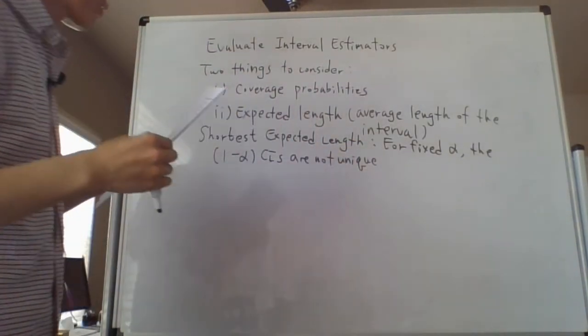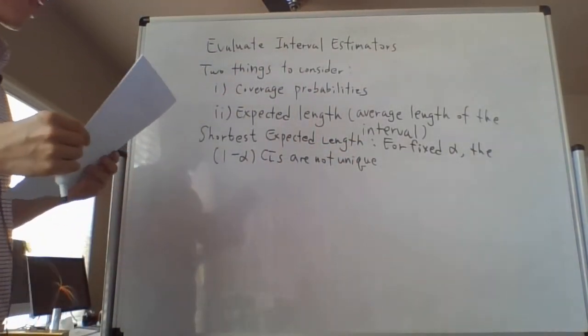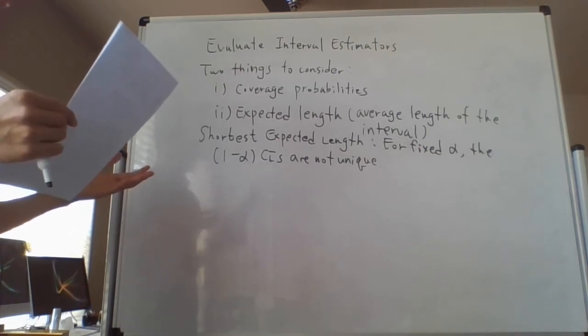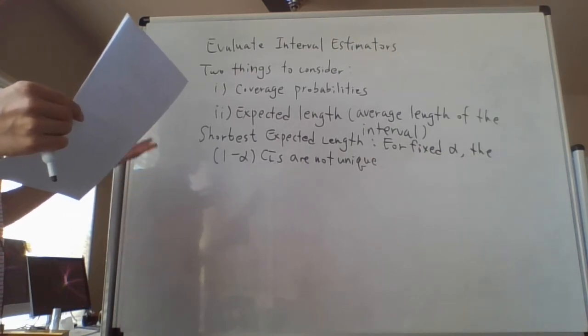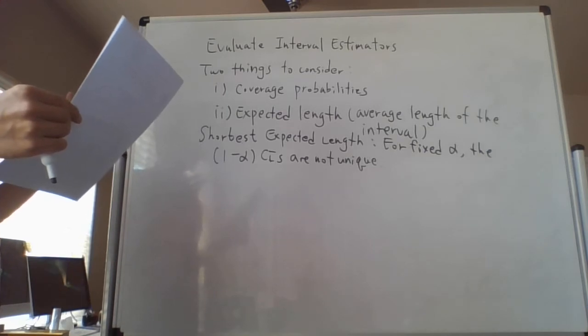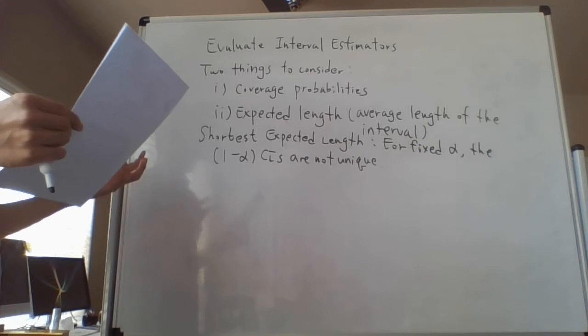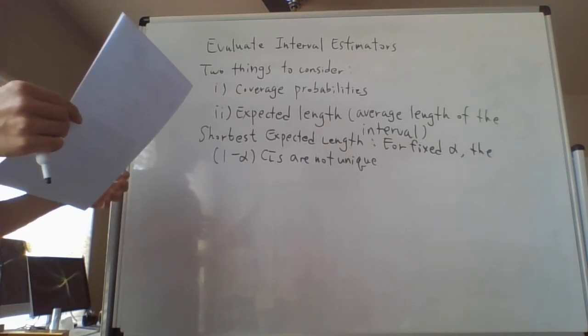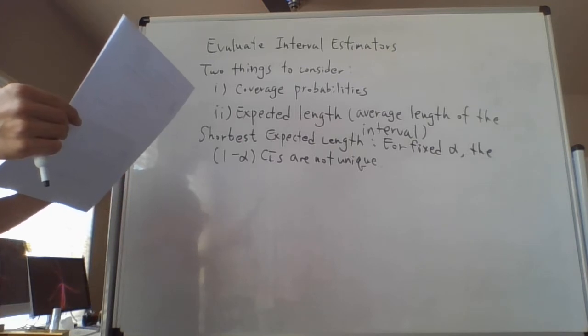The reason why we would like to have the shortest expected length for the interval is that for fixed alpha, the 1 minus alpha CIs are not unique. So we use the two quantities alpha 1 and alpha 2 to define the 1 minus alpha confidence interval. Then there are infinitely many choices of alpha 1 and alpha 2.